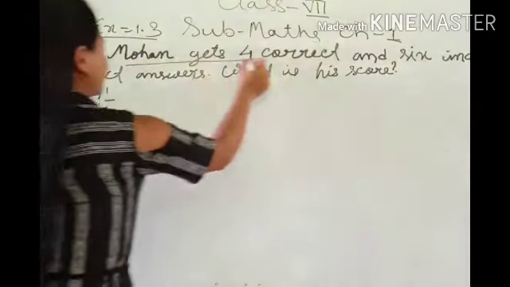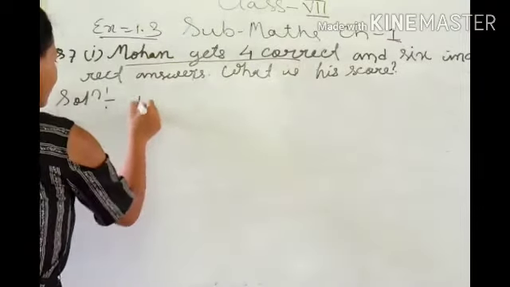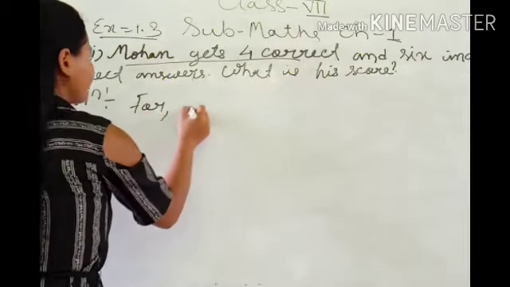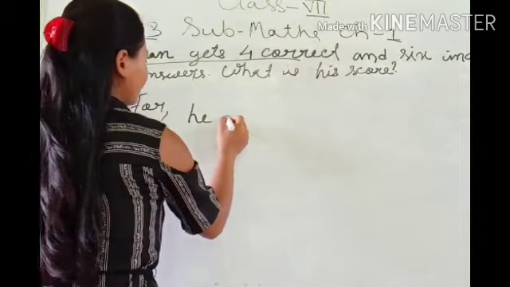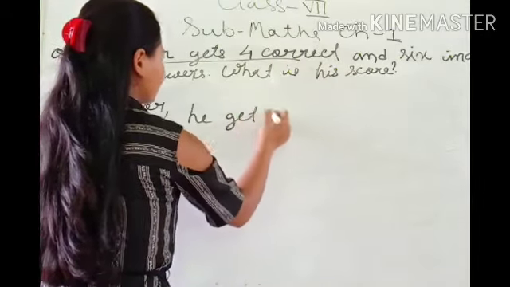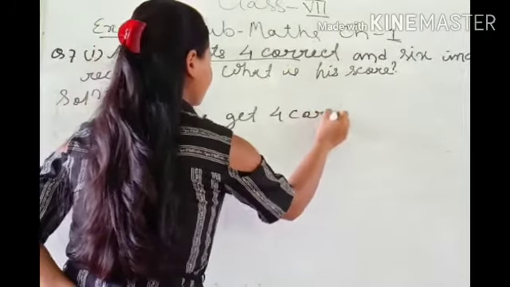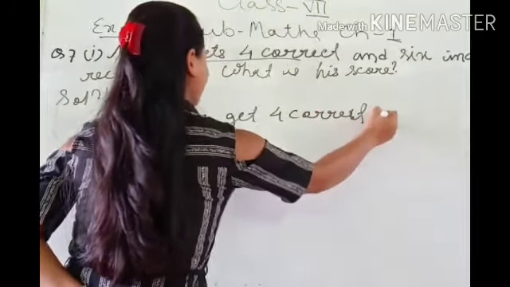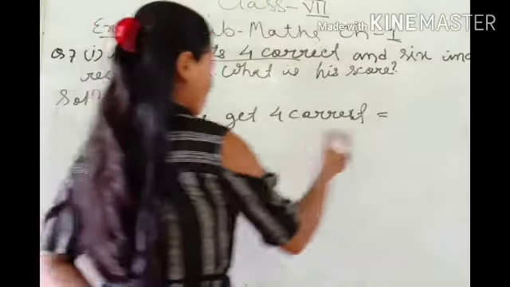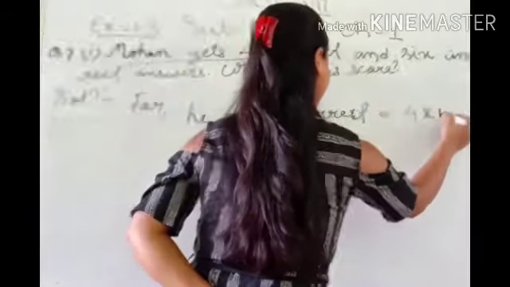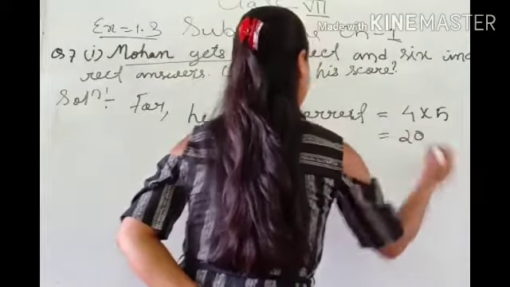Now Mohan gets 4 correct answers. So for Mohan, how much? He gets 4 correct answers. So it will be how much? For one correct answer, how many marks? 5 marks. So for 4 correct answers, 4 into 5, that is 20 marks.